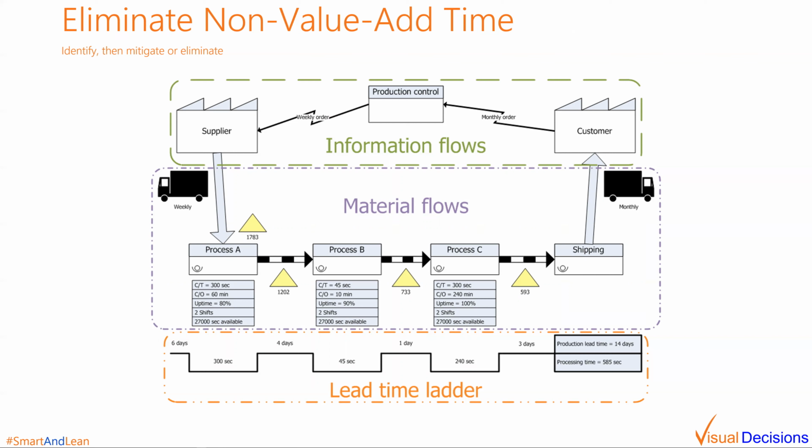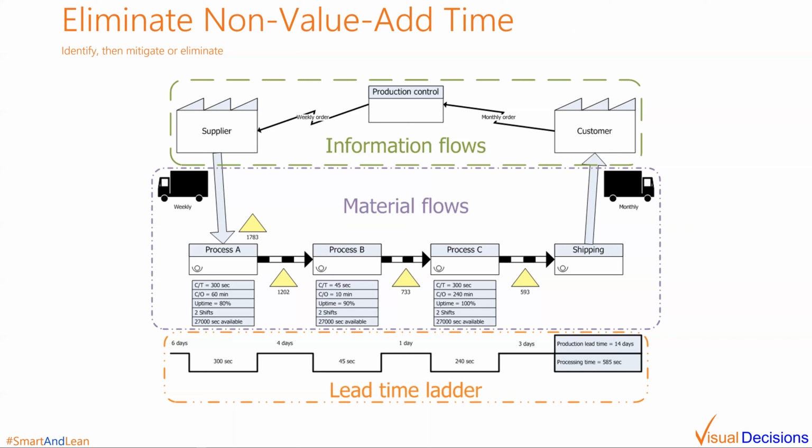So this is 6 days, and then this is 300 seconds, and then 4 days and 45 seconds, 1 day and 240 seconds, and then 3 days before shipping. In the end, we have 14 days of production lead time, but only about 10 minutes of actual production, and that's on a per-piece basis.